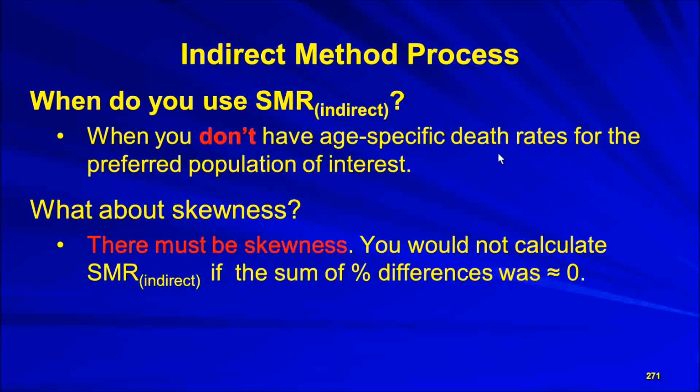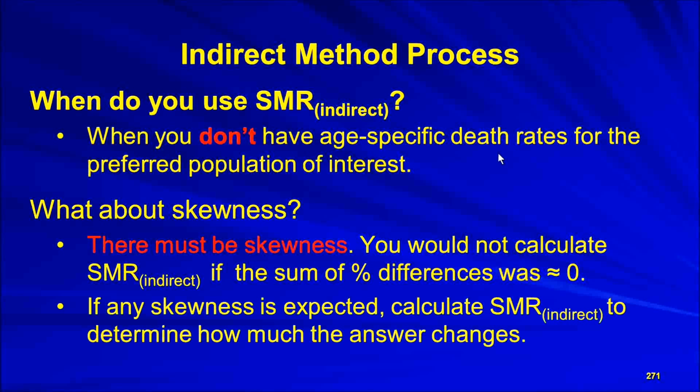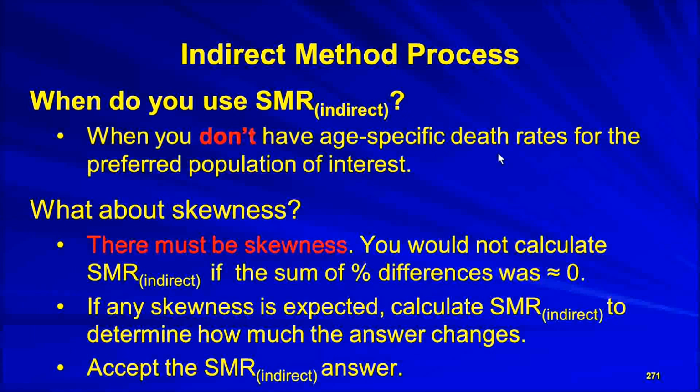I would say you calculate it anyway to see if there's any adjustment or change in the crude death rate, but I'll leave that up to you. So there's my answer. I've got it printed there, and that would be my recommendation, and I would encourage you to adopt that, but that decision is yours.